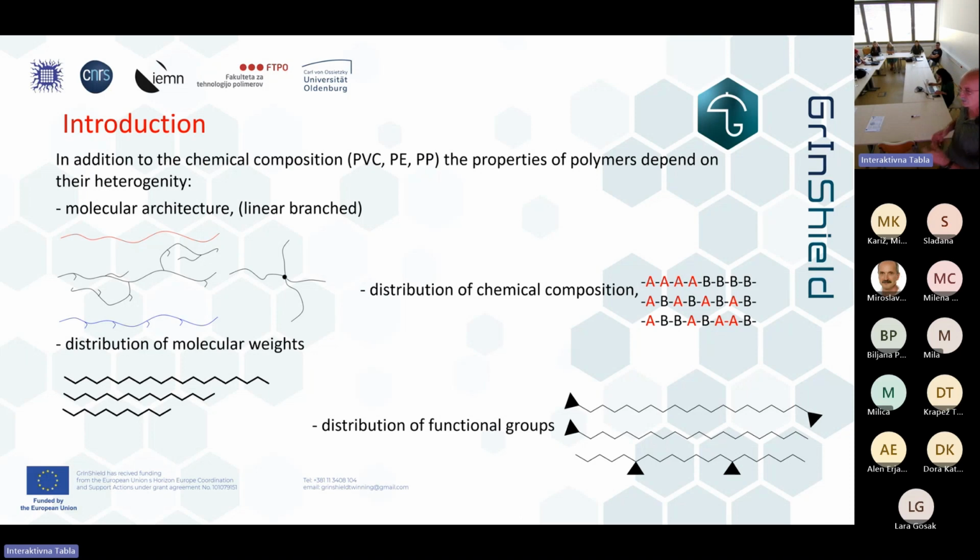Here we see three types of copolymers, which of course have very different properties. And sometimes it's also important to consider the distribution of functional groups, because functional groups are usually used for a further reaction, or maybe just for a modification of polymers.